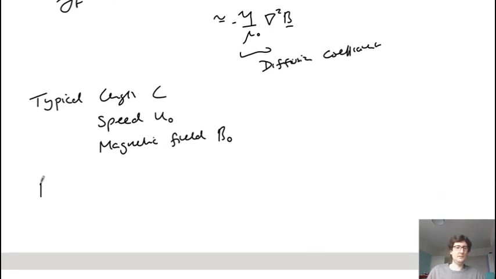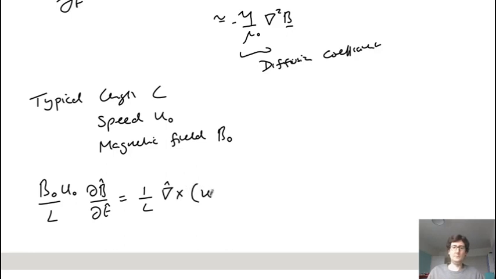So dB by dt becomes just a B naught. The time gets normalized, so we have L over u naught for the time, and this gives dB normalized by dt normalized. Then we have a curl, so 1 over L, which normalizes the curl here.